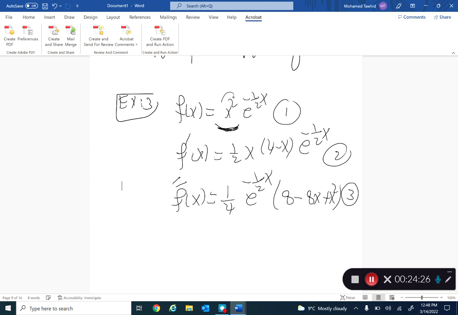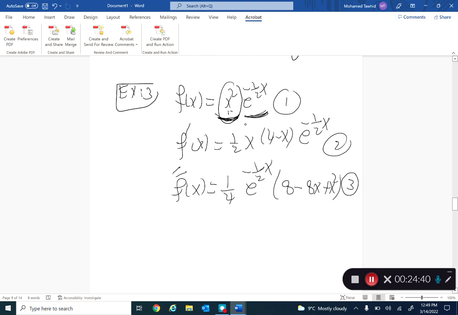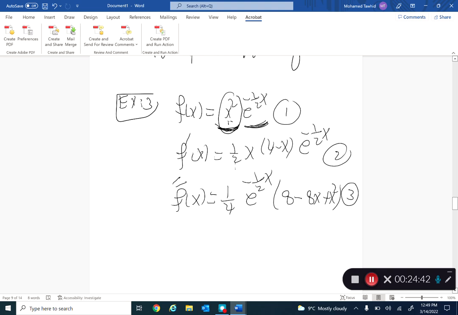What is the first term here? The first term is a polynomial of degree 2. What is the domain of any polynomial? The domain of any polynomial should be all real numbers. Here you have an exponential. What is the domain of any exponential? It should be all real numbers. If you have a product like this, then the domain should be the intersection or overlap between those two.